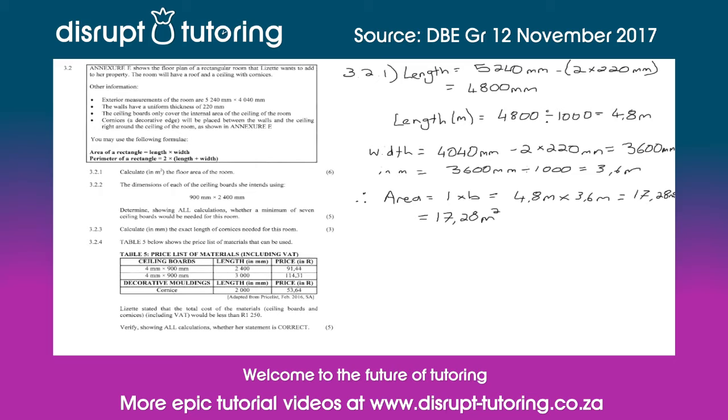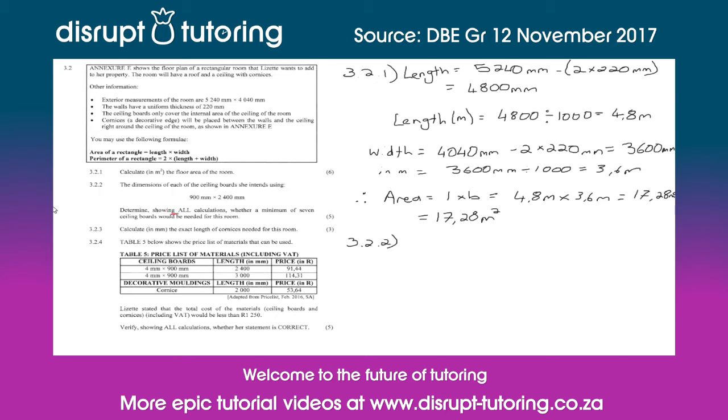On to 3.2.2. This question now says the dimensions of each ceiling board she intends using is 900 millimeters by 2,400 millimeters.